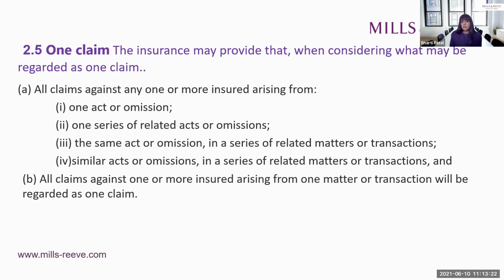Both took the alternative position that the claims should be treated as 2 claims, so the Morocco development and then separately the Turkish development. At first instance, the court held that the aggregation clause required the transactions to be interconnected or dependent on each other to be related. So on that basis, the claims did not aggregate. The Court of Appeal disagreed with that analysis and found that the requirement for interdependence just went too far.